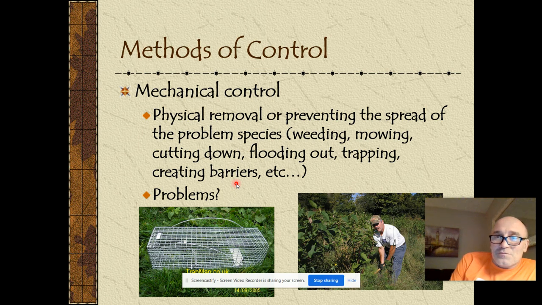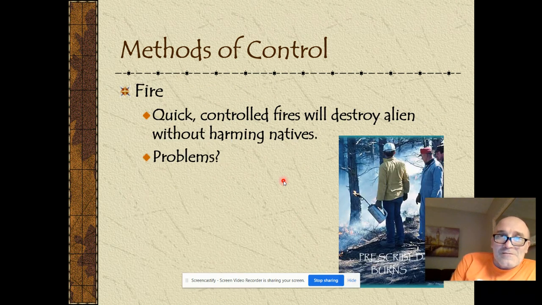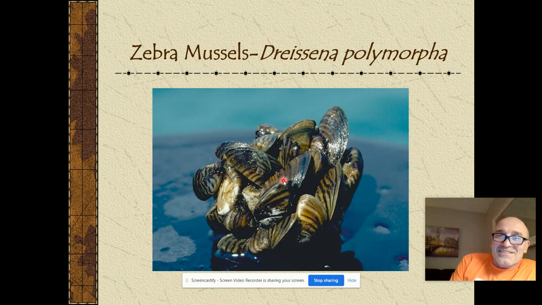And then, just the old go out and pull some weeds, trying to physically remove plants or animals that are not supposed to be somewhere, that are invasive. That's just tough to do. It's a lot of work. Sometimes you'll see what are called prescribed burns, or small, controlled fires that burn out invasive species of plants.